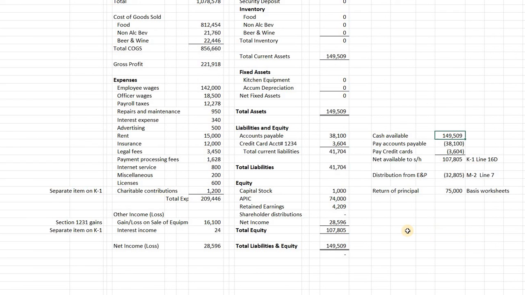The total cash available before we go through the debts and the equity is $149,509. So we're going to use that cash to pay off the AP and the credit cards, which means we're going to be left with $107,805.